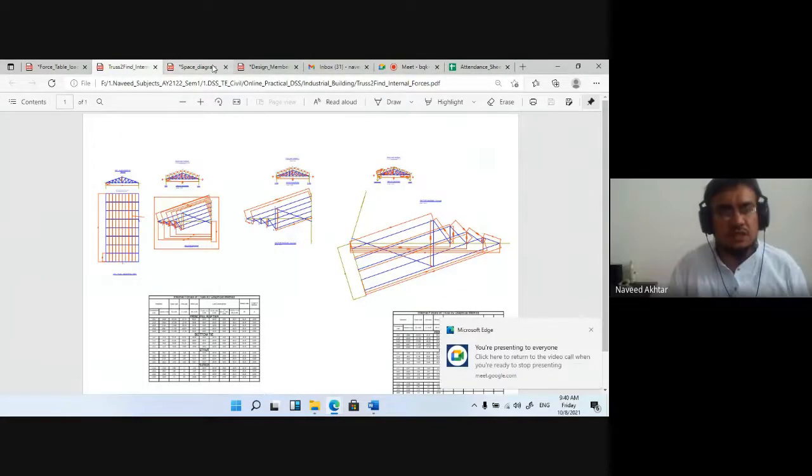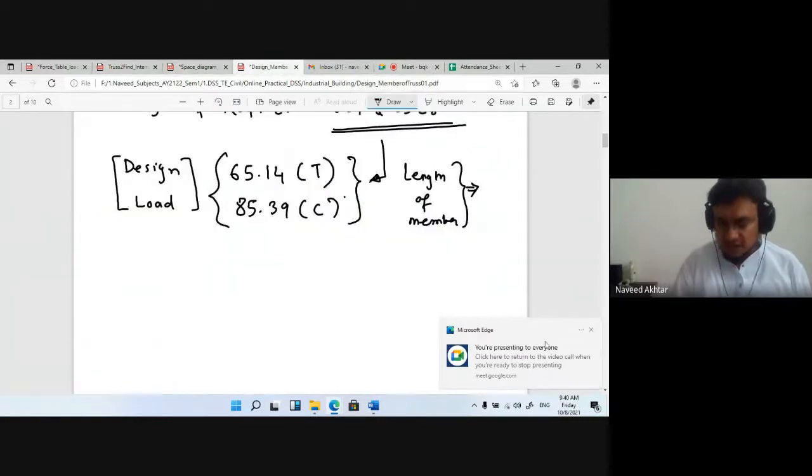The length of that member is 1.581, or you can round up to 1.6 meter.